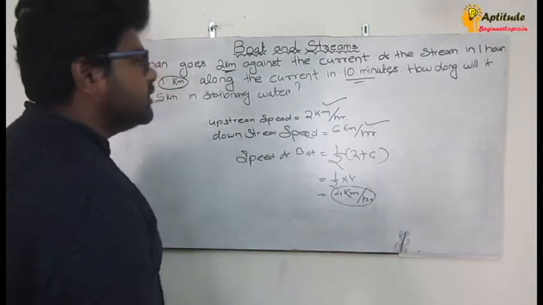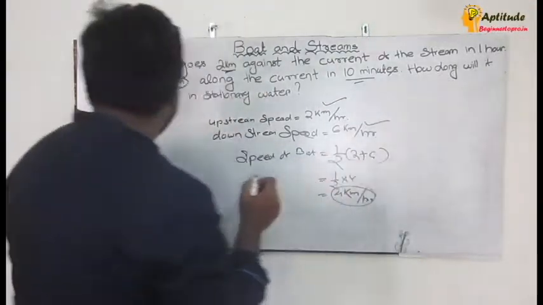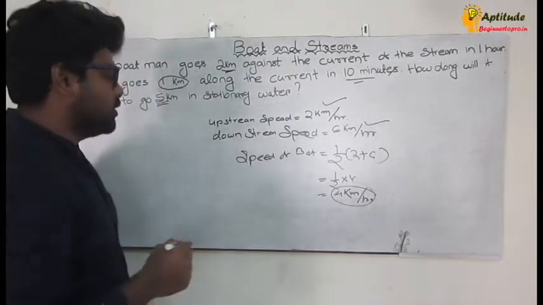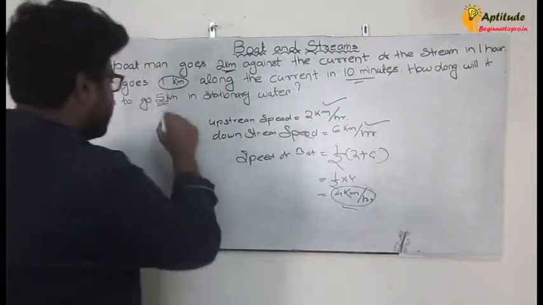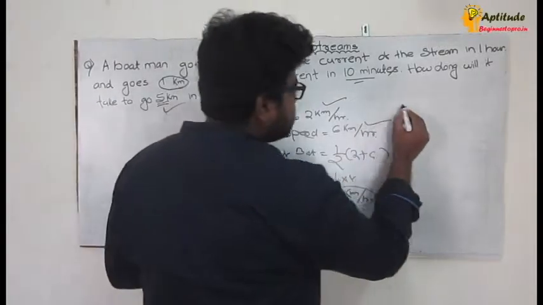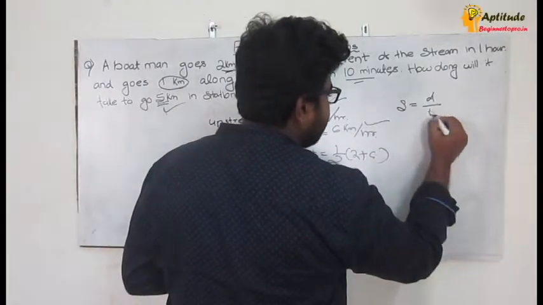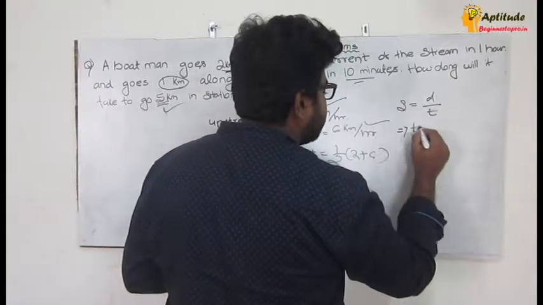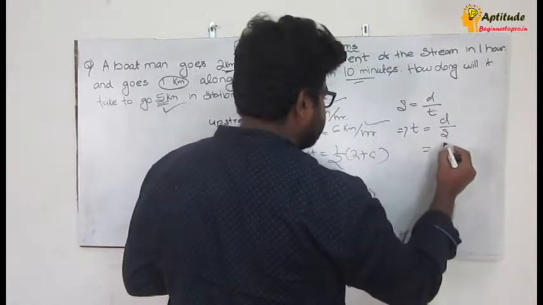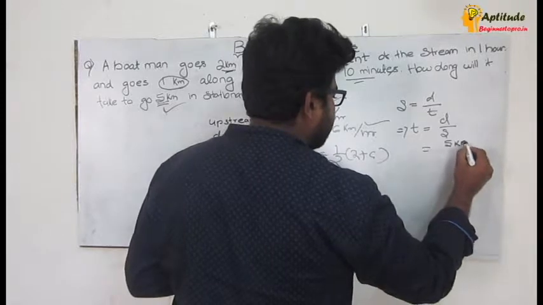Now the question asks, how long will it take to go 5 kilometers in stationary water? We have the speed, we have the distance. From there we can also calculate the time. The formula is speed is equal to distance by time. From here we can calculate time is equal to distance by speed. Distance is 5 kilometers.